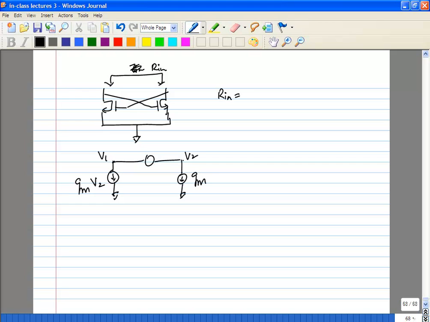So this is GMV2, this is GMV1, right? Okay, you put in a test source and it's very obvious, right? So it's going to end up being -2 over GM. Okay, you can try it out, it's very, very simple.